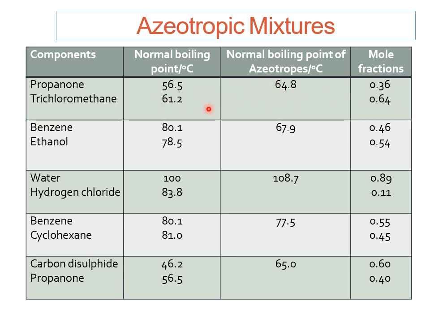If you are given some information like this, how are you going to interpret it to become a diagram? Okay, so you must look at the boiling point here, or the azeotropic boiling point here. Is the azeotropic boiling point lower compared to the normal boiling point, or is it higher? This will give you a key point in answering the question to determine whether the graph would be positive deviation or negative deviation.